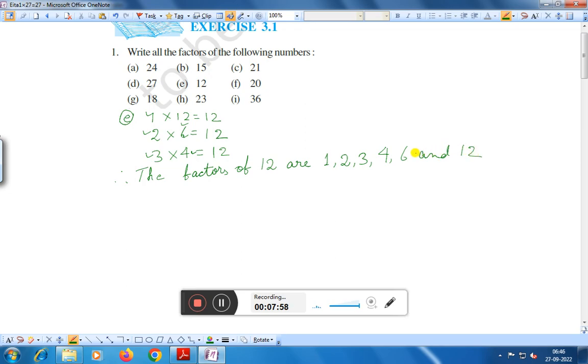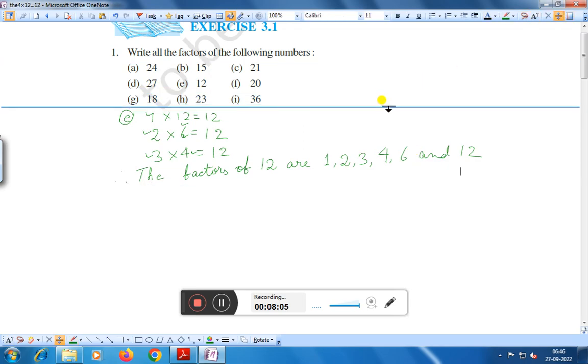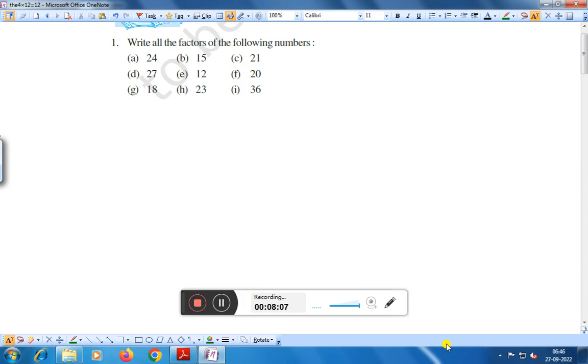Right? This is the solution of question number E. Now we will do the next, that is F, factors of 20. We will find the factors of 20, right?